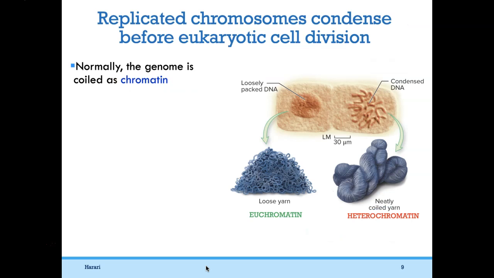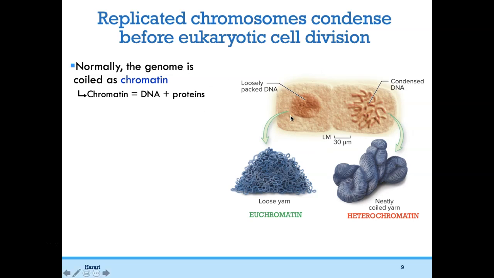So the genome is normally found in the form of chromatin. Chromatin is a fancy way of saying DNA wrapped around proteins. So inside of our nucleus, we have our genome. The genome consists of DNA, like the double helix, but it's wrapped around certain proteins, and I'll talk about the importance of these proteins in a bit.